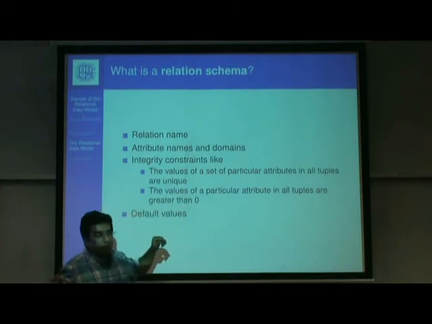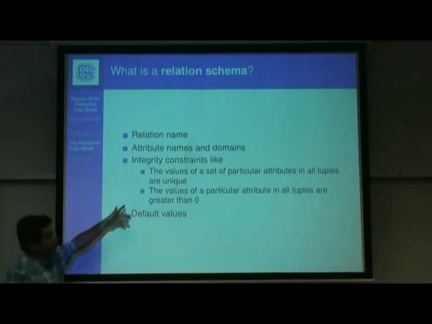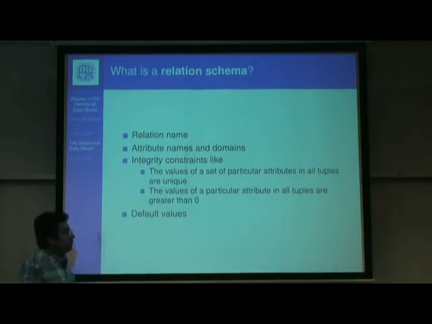Yeah. Primary. It should be unique. Okay. Primary keys are one of the examples of these constraints. You can also add other kinds of constraints. You can define an attribute greater than 0, and you can also define default values for different attributes.